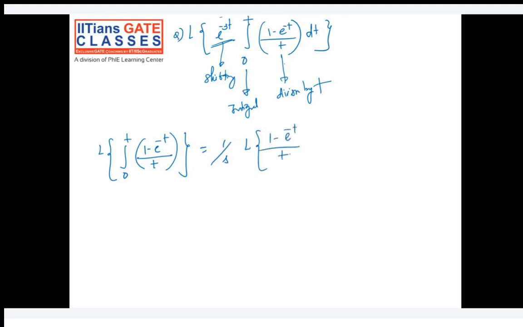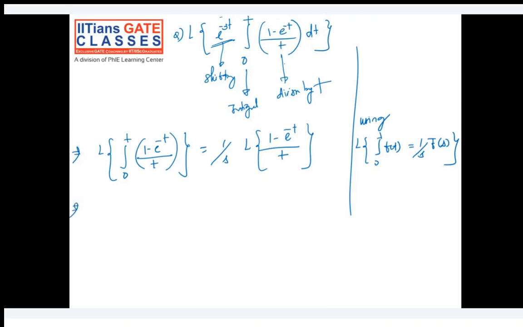Do you agree? The property is: Laplace transform of integration 0 to t f of t will be equal to 1 upon s f bar of s. So using this, I can write it like this. We already used the integral property at this step itself.